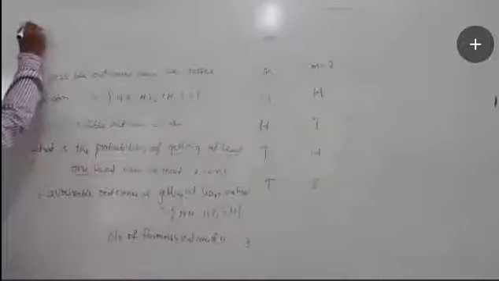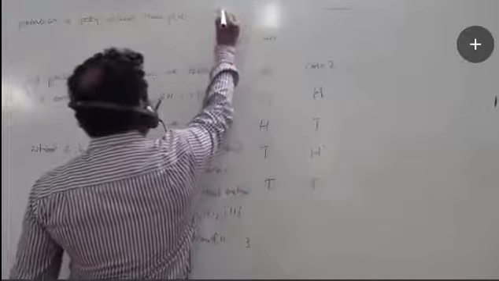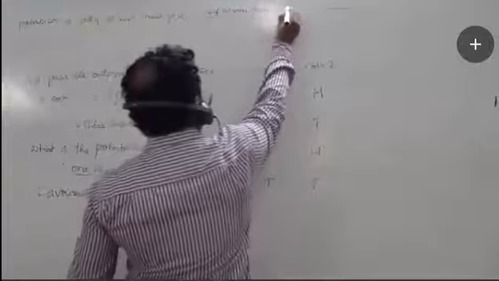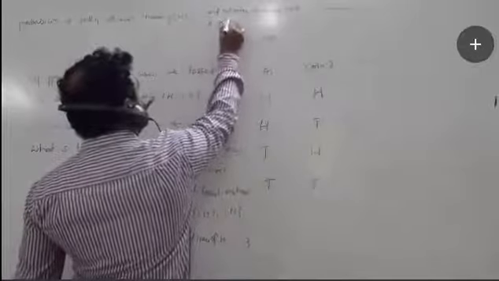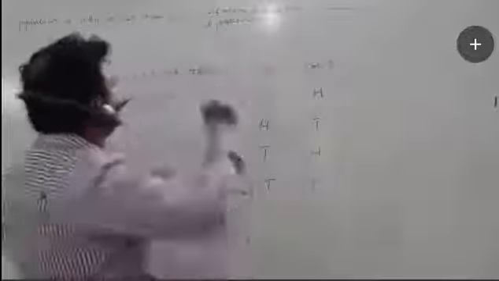I write here: probability of getting at least one head, P of H, is equal to the number of outcomes favorable to H by the number of all possible outcomes.